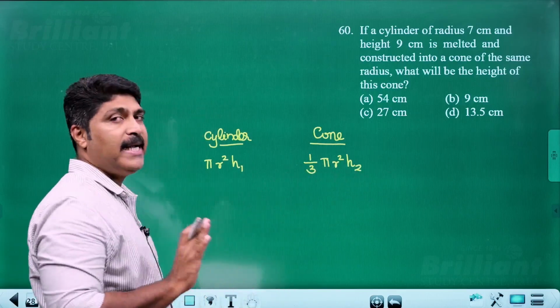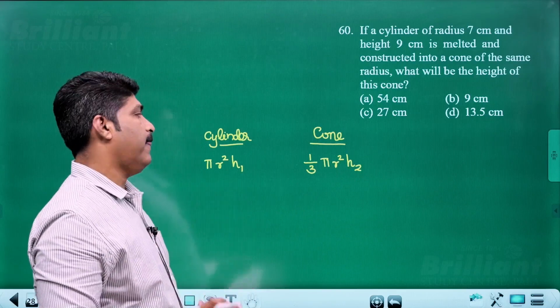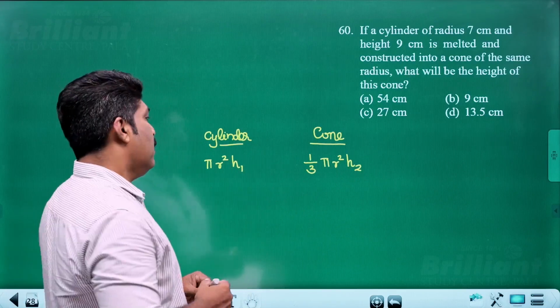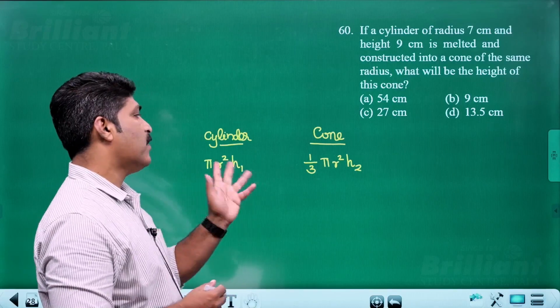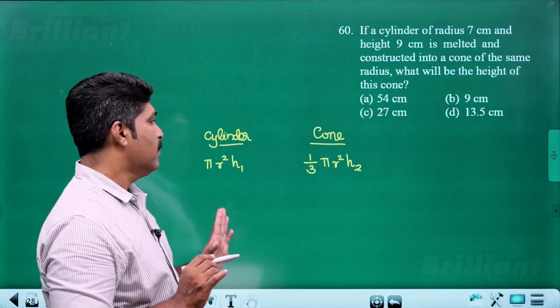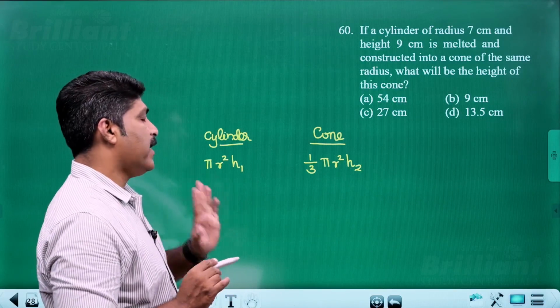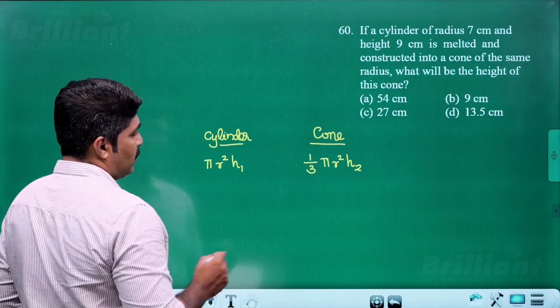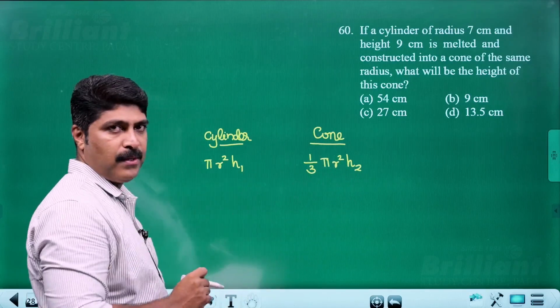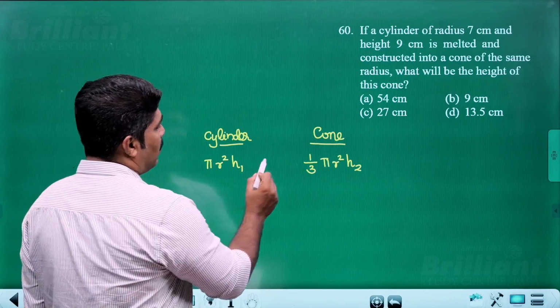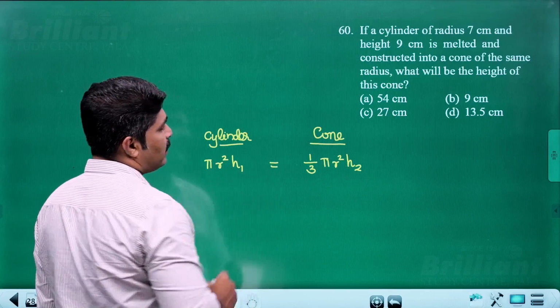These two radii are the same, only heights are different. Then how to find these heights? Here this r square is the same, clear? So how to find h1 to h2? That's simple. Whenever we are considering this h2, we are going to find it out. Or you just put these values here, these two values are the same.